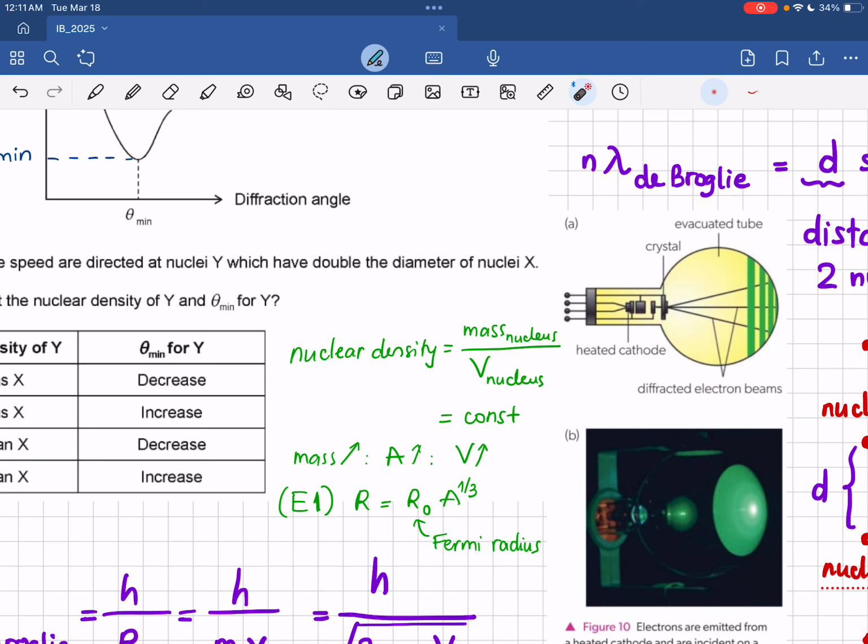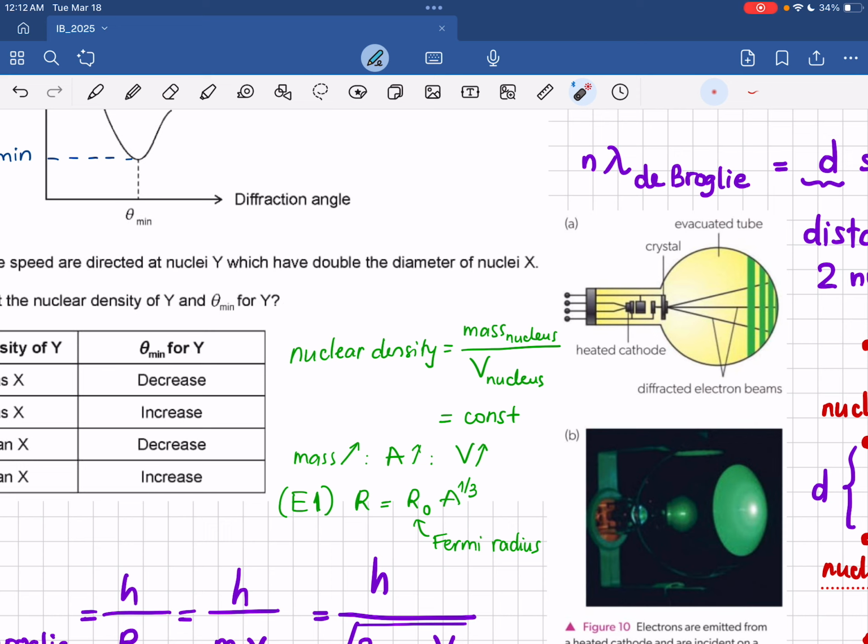Okay, so basically here there's an assumption that the nuclear density is always the same, always constant for all elements' nuclei, because density equals the mass of the nucleus divided by the volume of the nucleus, and if we have more mass, then that means more nucleons.